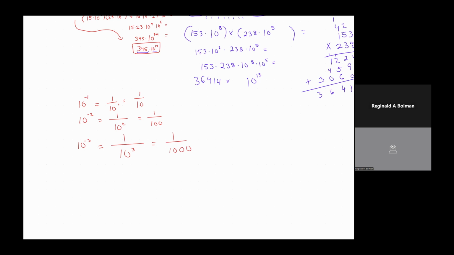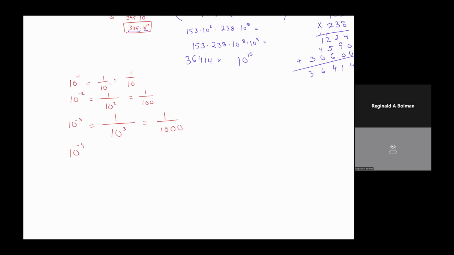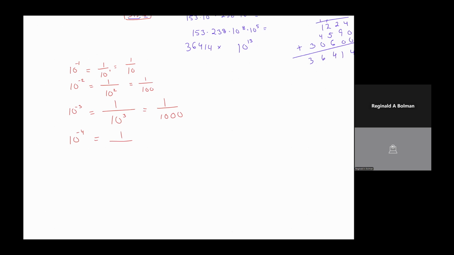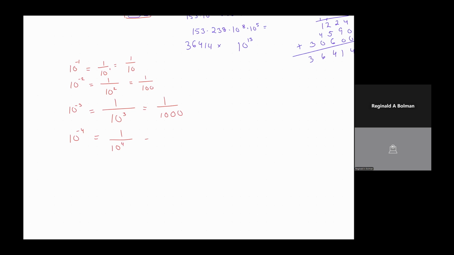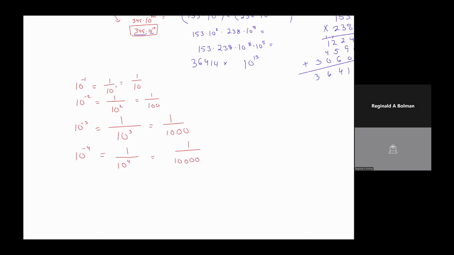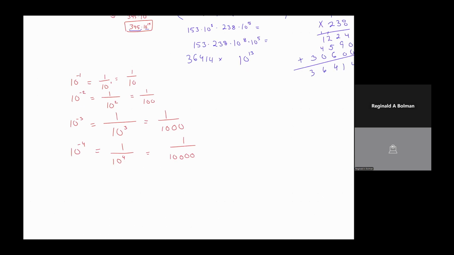And if you're talking about things that are really, really small, like the individual transistors inside of a microprocessor, something between, say, 10 to the negative 4 and 10 to the negative 6, you're going to have a 1 over 1 followed by some amount of zeros.